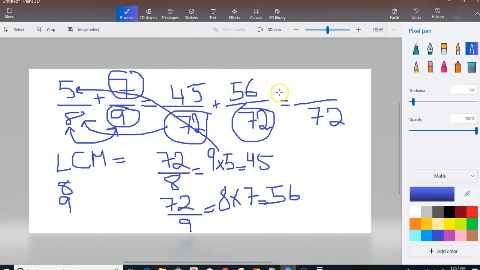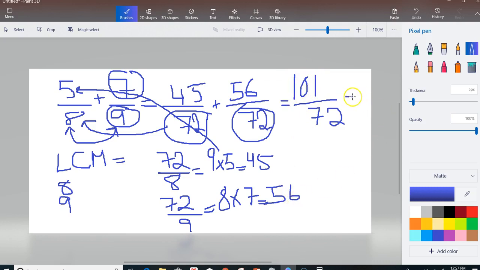Now that we have two fractions that have the same denominator, I will ask you again, can we add these fractions? Yes, of course. So the only thing we need to do is add the numbers 45 and 56. This gives us 101 over 72. We're almost done.